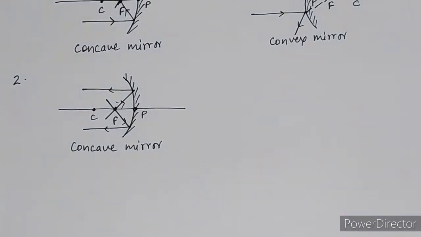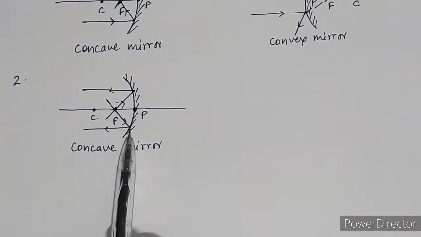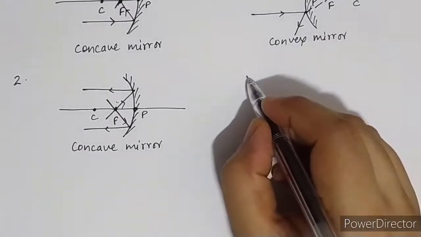So when the light rays come through the focus, after reflection they become parallel to the principal axis, just opposite to the first case. In the first case, the light rays are parallel to the principal axis and after reflection they pass through the focus, but here light rays come from the focus and after reflection become parallel to the principal axis.